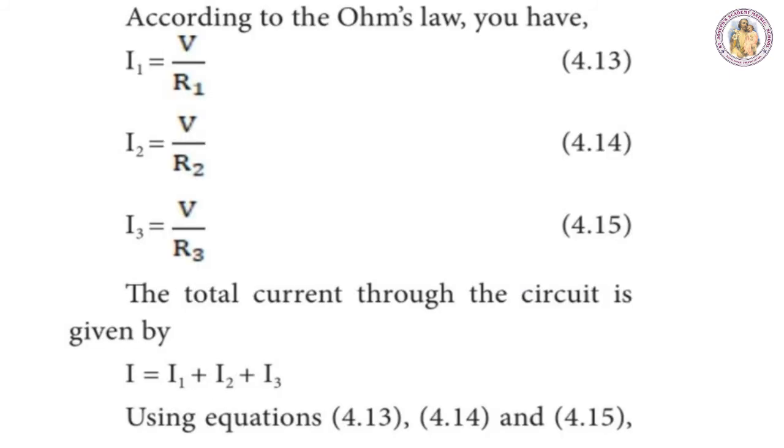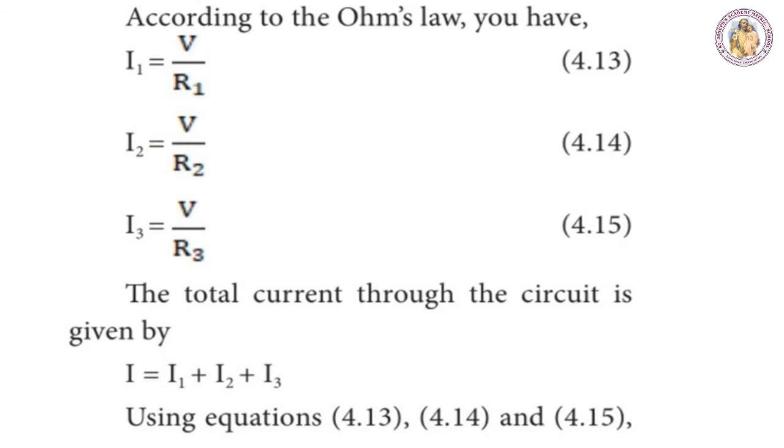According to Ohm's law, you have I1 is equal to V by R1, that is the first equation, and I2 is equal to V by R2, I3 is equal to V by R3. The total current through the circuit is given by I is equal to I1 plus I2 plus I3.